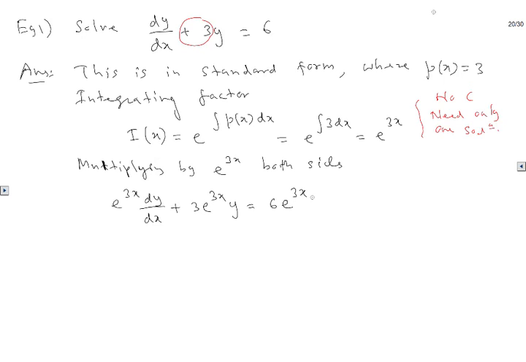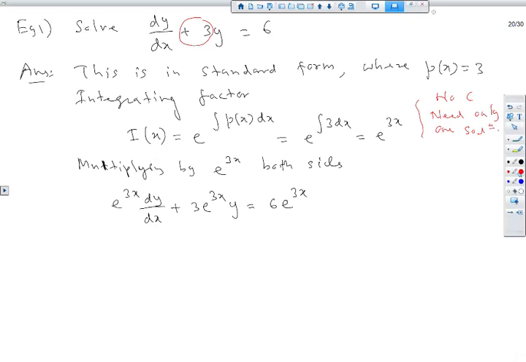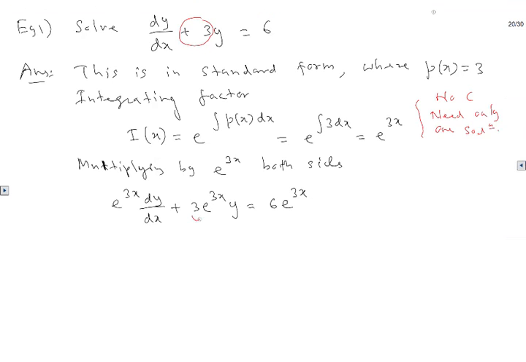Now it's very clear that the left side is simply the derivative of e to the 3x y. You can see from the product and chain rule that's exactly the derivative. That's exactly what we want. Perfect.